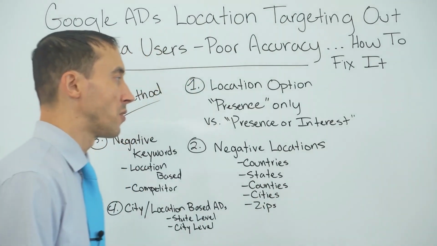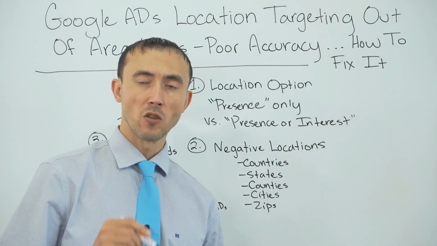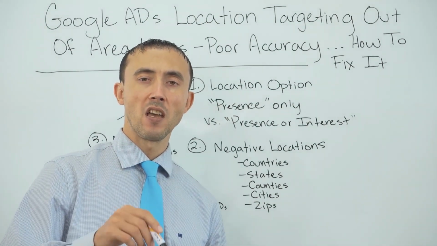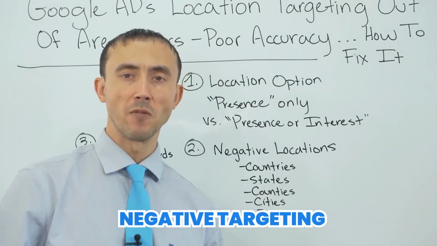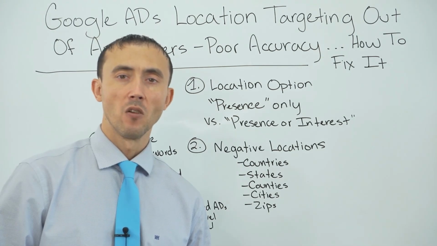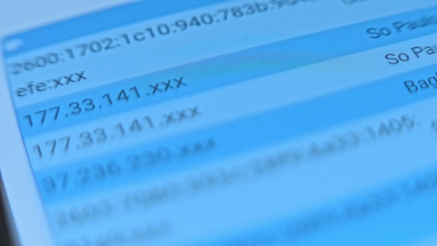Going into what I was going to talk about here today. This right here is the method to block out people outside your positive targeting. There's positive targeting, by the way, in Google Ads if you're not aware of it yet, and there's negative targeting. How to get to where your ad only shows up in the positive targeting area, or 95% plus, because location targeting is never an exact science.